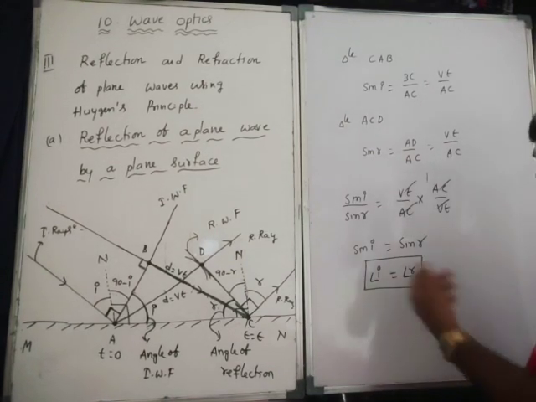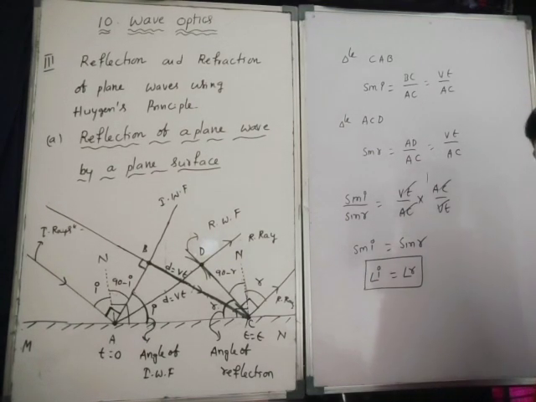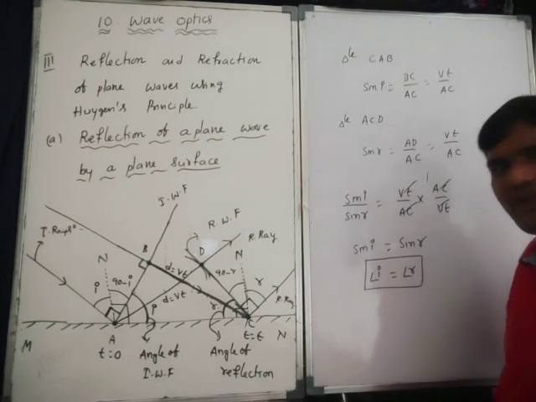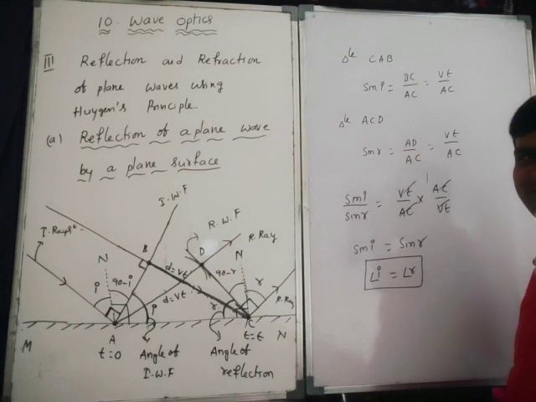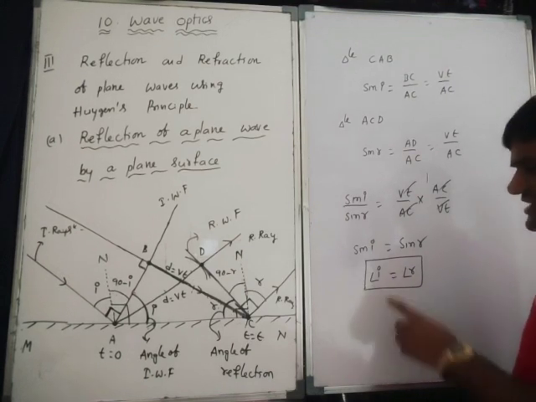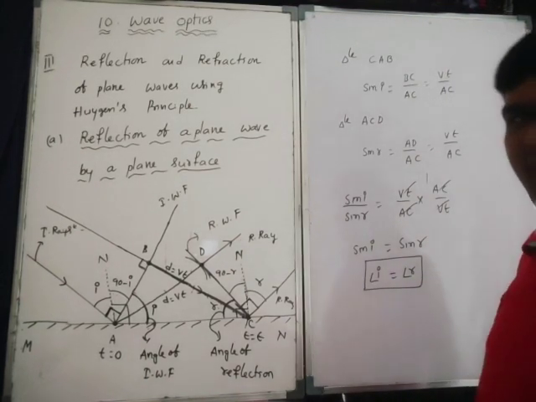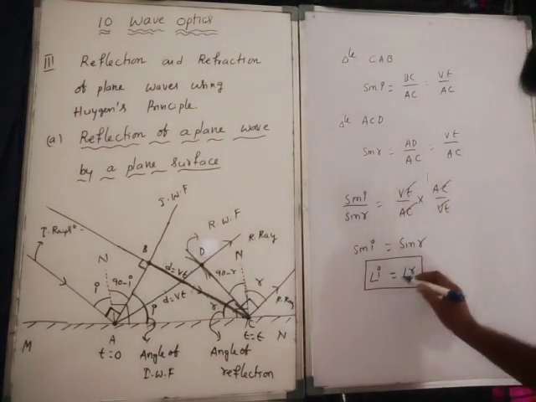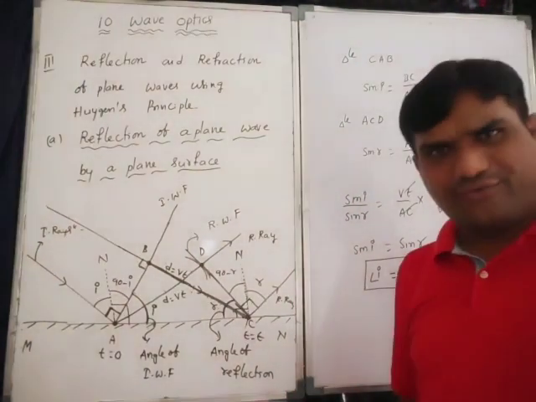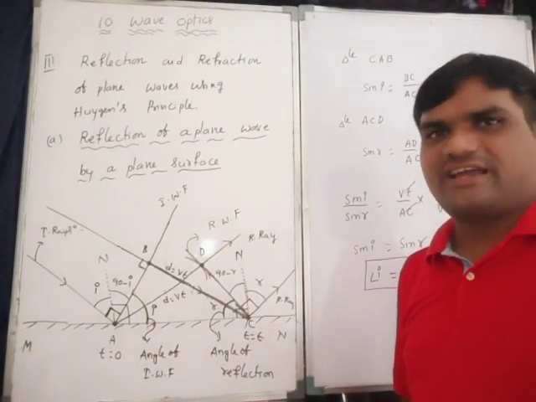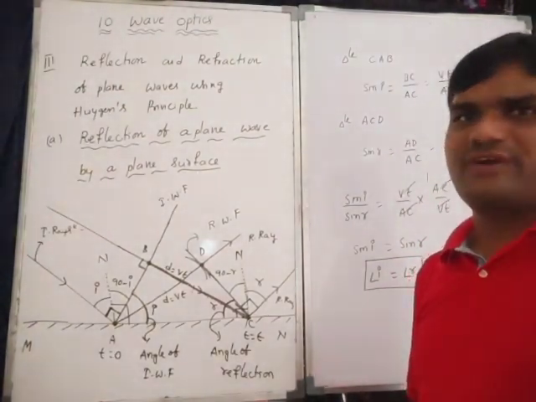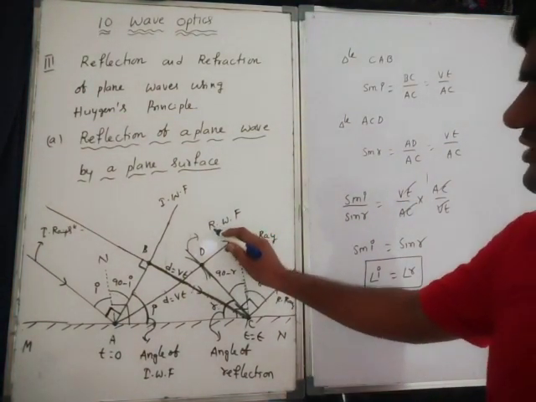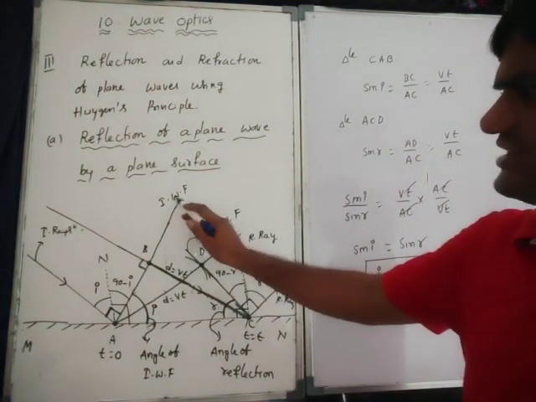So first, the law of reflection: the angle of incidence is equal to the angle of reflection. Then what is the meaning of I? The angle of the incident wavefront is equal to the angle of the reflected wavefront.